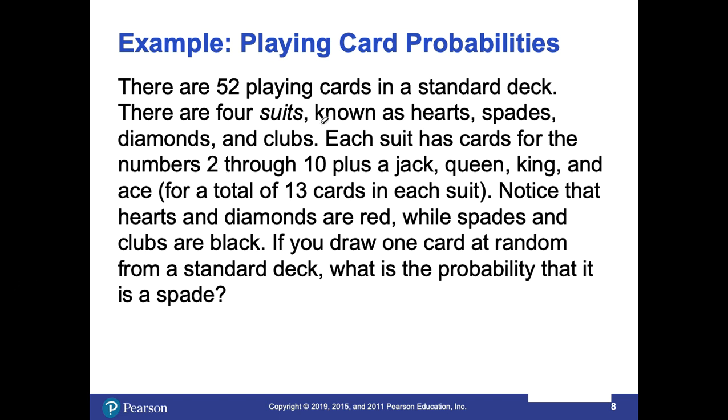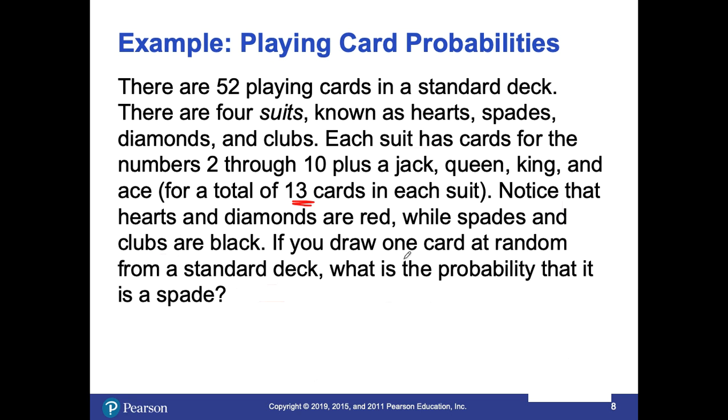There are 4 suits, each known as hearts, spades, diamonds, and clubs. Each suit has cards for numbers 2 through 10 plus Jack, Queen, King, and Ace. So basically each suit has 13 cards. Notice that hearts and diamonds are red while spades and clubs are black.